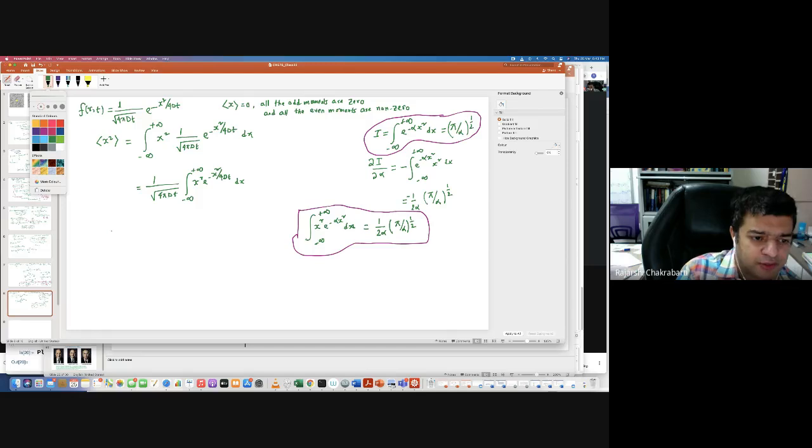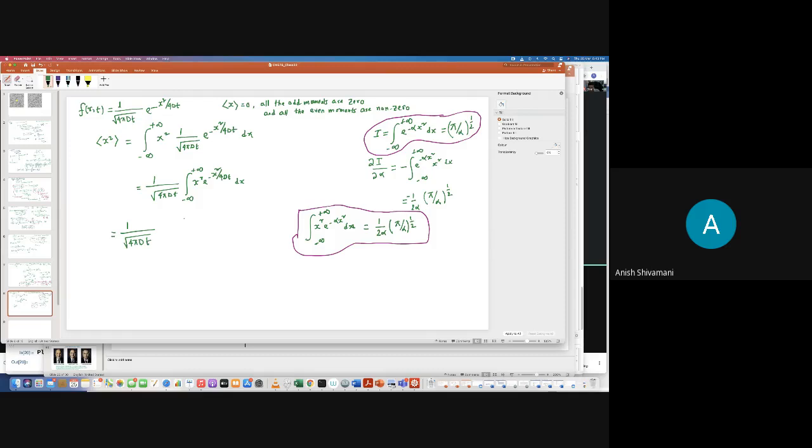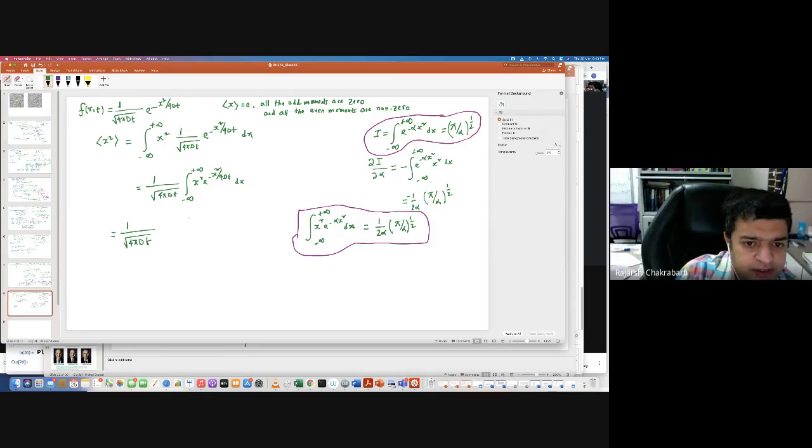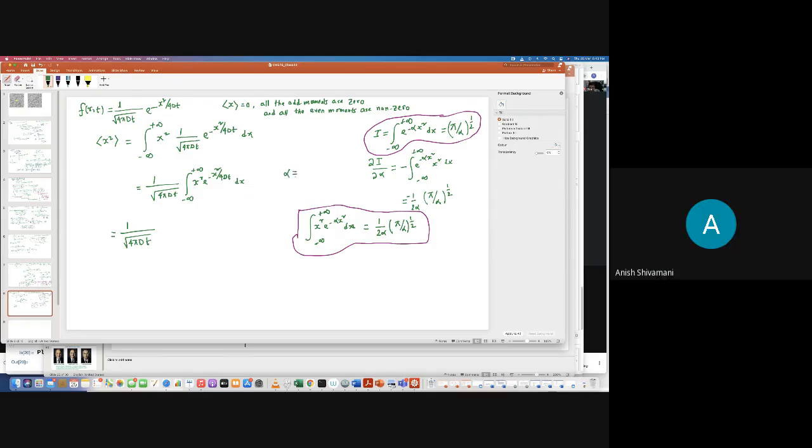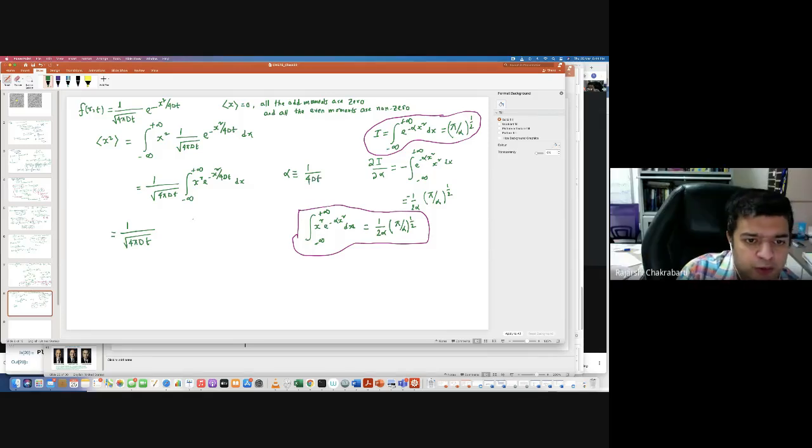So I can make use of this integral. Anish, can you tell me what should I write here? Substituting alpha as 1 by 4Dt. So alpha is 1 over 4Dt.